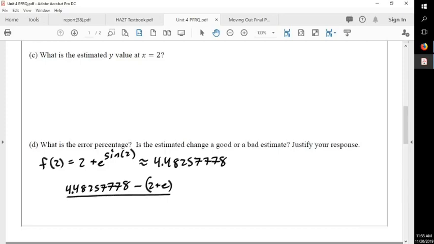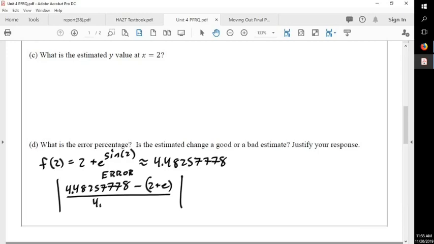So you're going to put absolute value bars around the whole thing, because the percent doesn't have to be negative. This is the difference between the actual and the estimated, so this is the error, if you will. And you could say the error is negative, meaning it's smaller than the actual, but it doesn't matter for our purpose.